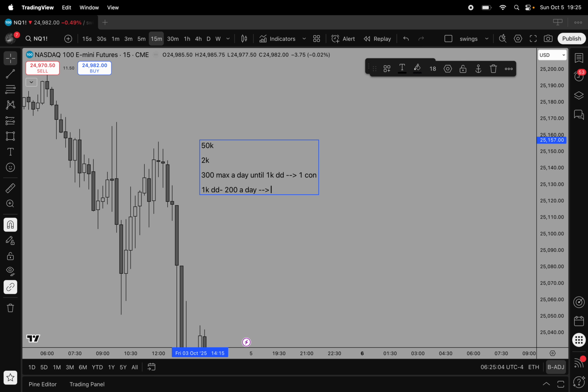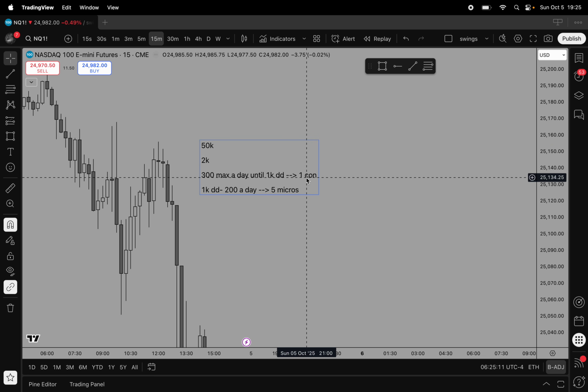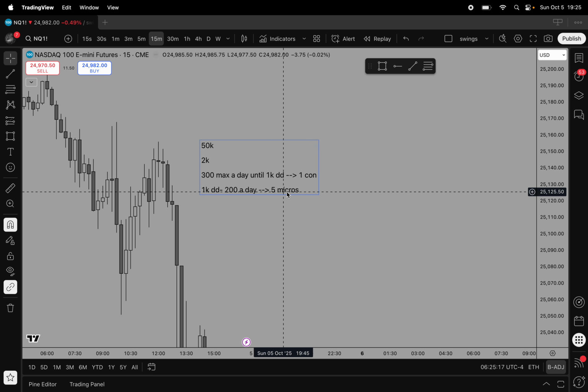And then in here I would do maximum 5 micros. Now accounting for this, 300 max would be pretty much one loss with one contract, and then 2 micro with 5 micros.